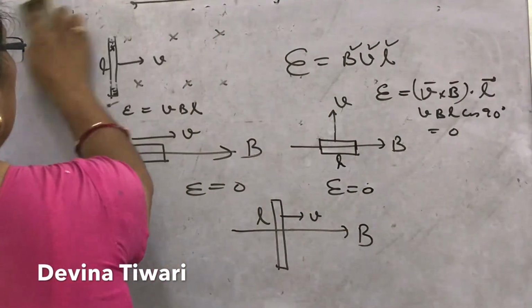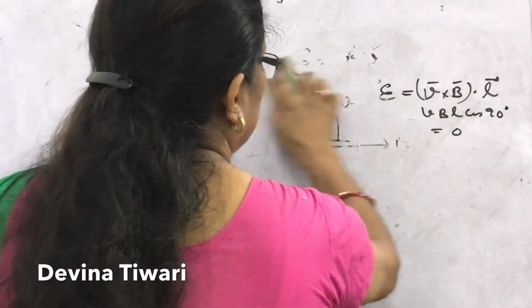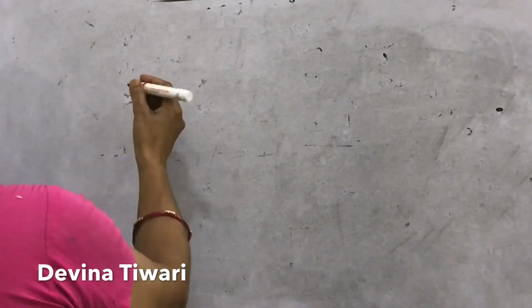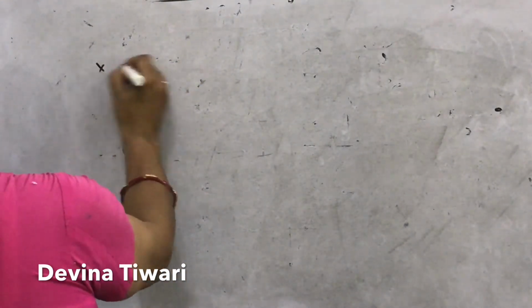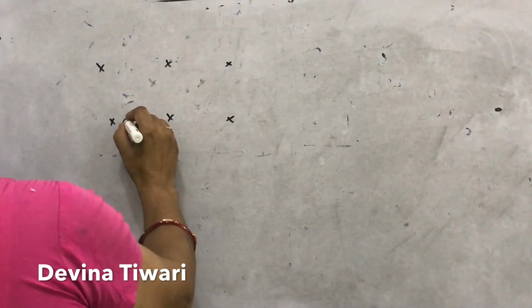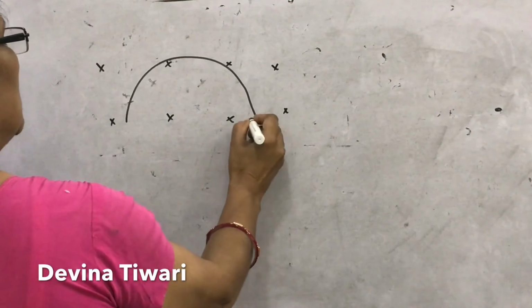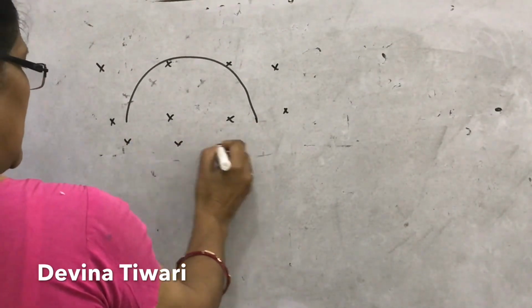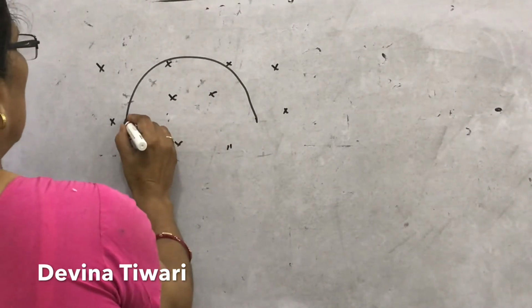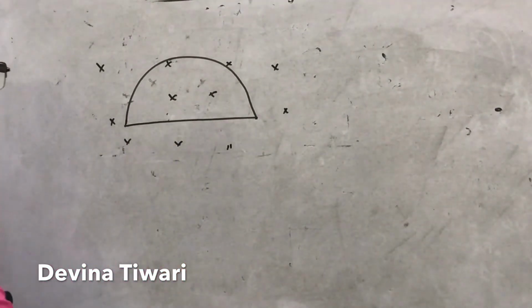A very interesting example. Finally, I am going to tell you that suppose there is a magnetic field which is uniform and a rod of semicircular shape is placed in the magnetic field like this.